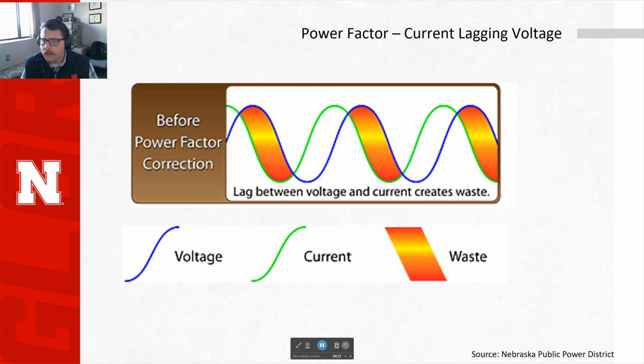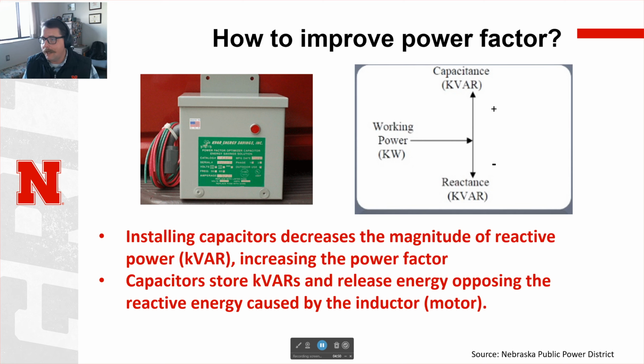In electrical terms, we can think about it from a current and voltage standpoint, because there is a draw of current into that electric motor to energize those coils. It causes a lag between the current and voltage, and that lag is the waste. So the goal would be to minimize that lag. To improve the power factor, a capacitor bank can be put in.